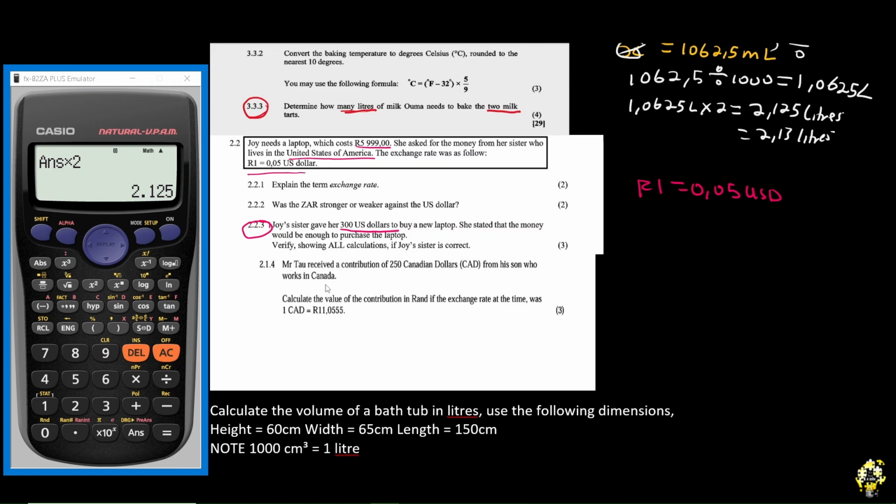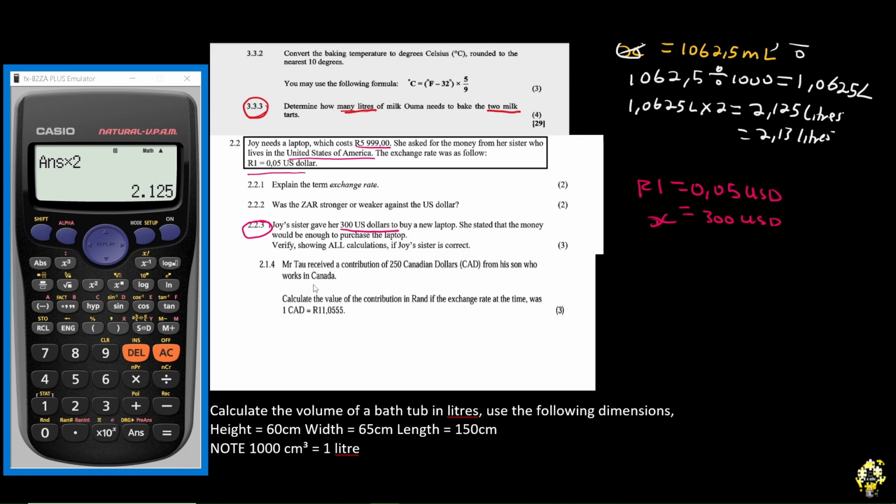I want to see whether 300 USDs indeed equal 5,999 or are more than it, because she said that they are enough. Where are they? They are on my right. So it's 300 USD. What do I have here? I have to put an X because that's what I'm looking for.